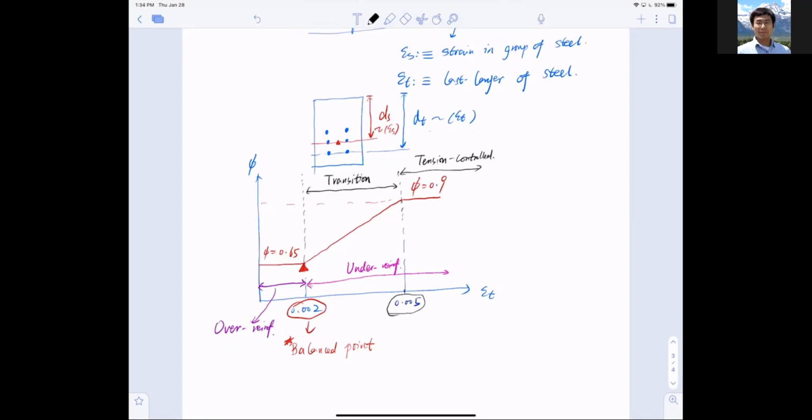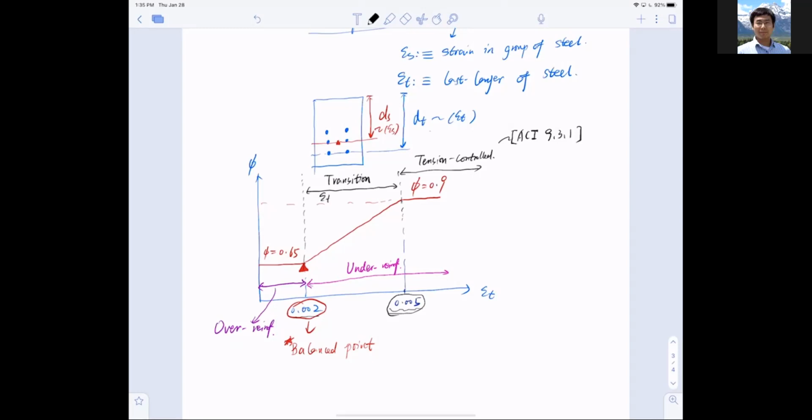By the way, this is in ACI section 9.3.1. You can find it in your code. ACI says I'm going to divide my under reinforced condition into two zones. One is called the transition zone, where epsilon t is between 0.002 and 0.005, and another zone called tension controlled, when the strain of steel is bigger than or equal to 0.005.